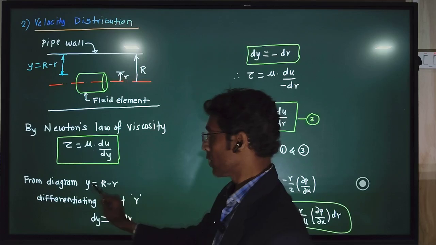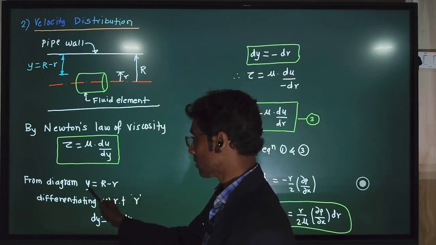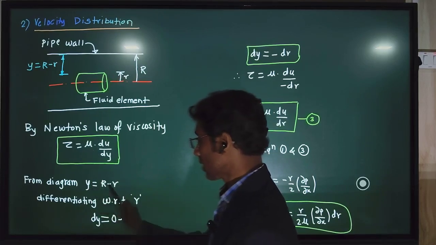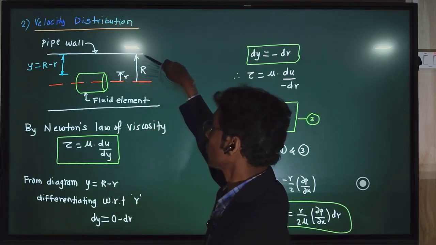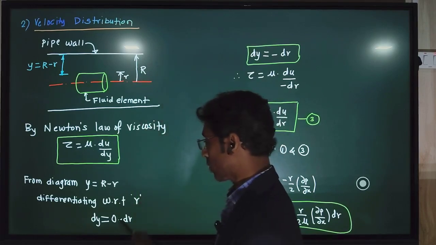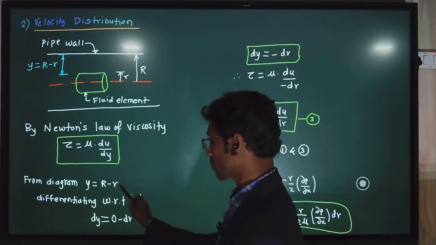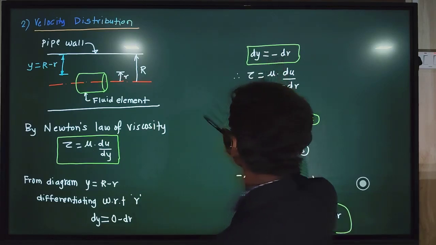Here we differentiate this equation. We get dy, the derivative of this y: on the right side, capital R, that is the radius of the pipe, is a constant. Maximum radius is capital R, which is a constant. The derivative of a constant is 0 and the derivative of small r is dr. So we find dy is equal to minus dr.